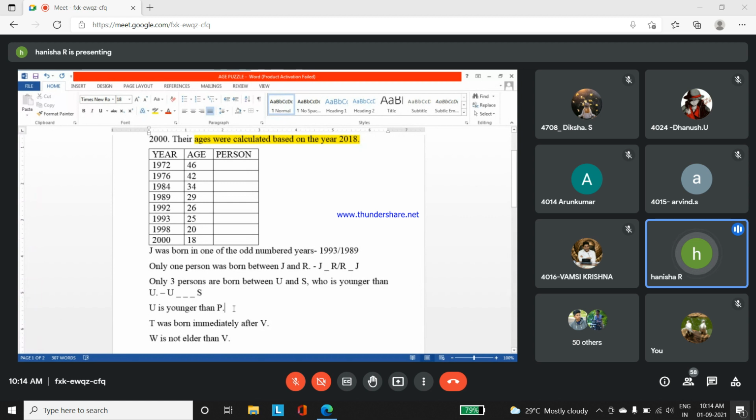U is younger than P. So here they have given a simple clue stating U is younger than P, which means P is elder and U is younger. That is the meaning.